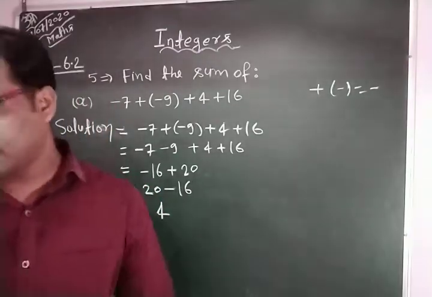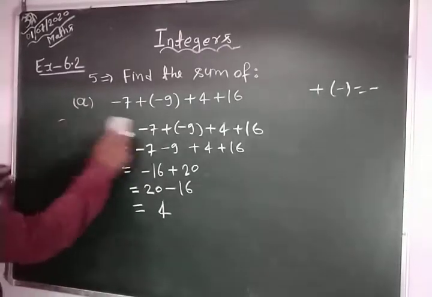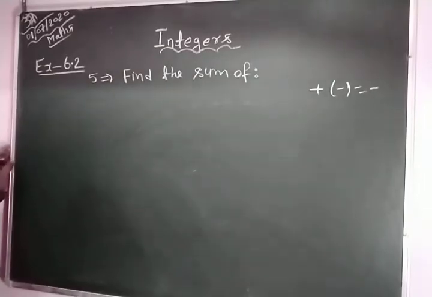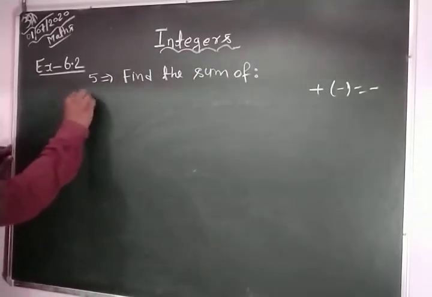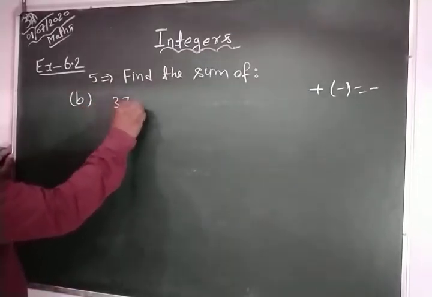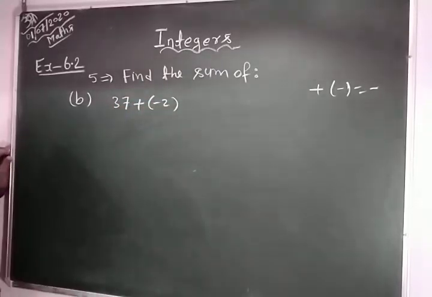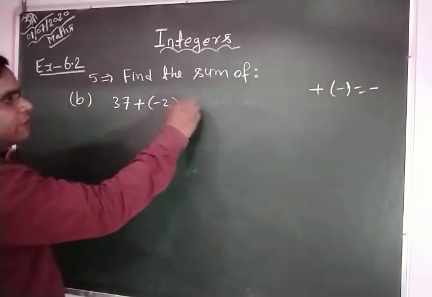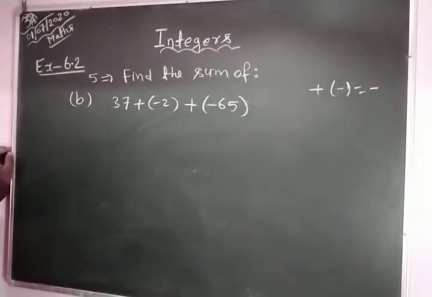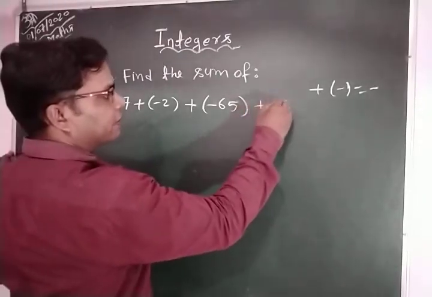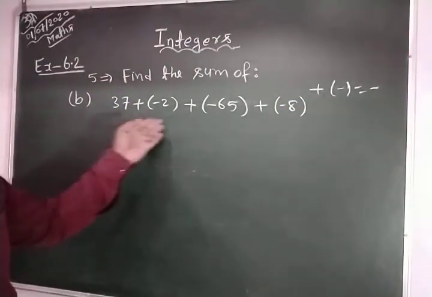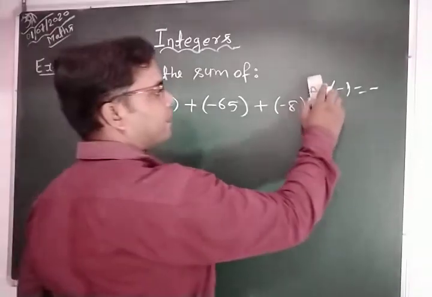B part is 37 plus minus 2 plus minus 65 plus minus 8. This is the given sum.